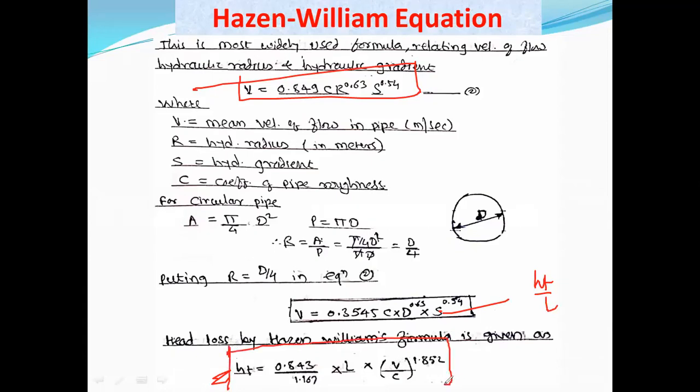So this is also the Hazen-Williams equation in terms of head loss due to friction. HF is equal to 0.843 divided by 1.167 into L into in bracket V upon C bracket raised to 1.852.